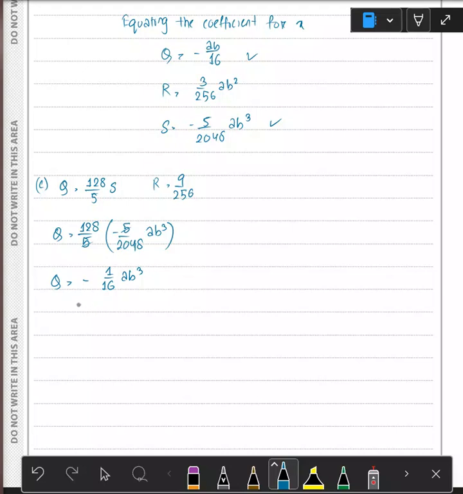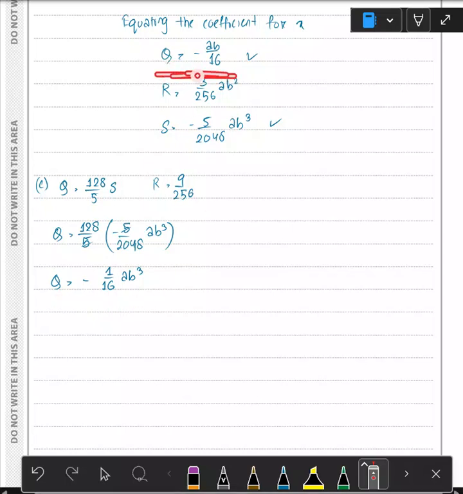Okay, and now if we equate, we got q to be this here, and from the previous part we got q to be negative AB by 16, so we can equate q, so negative AB cube divided by 16 is equals to AB by 16.